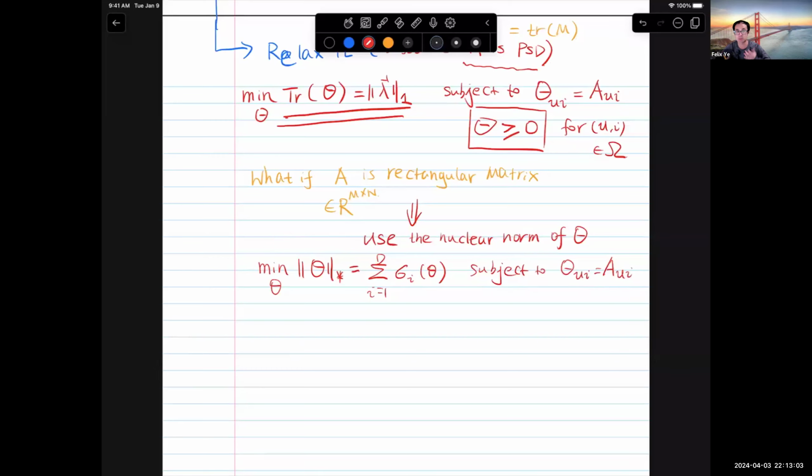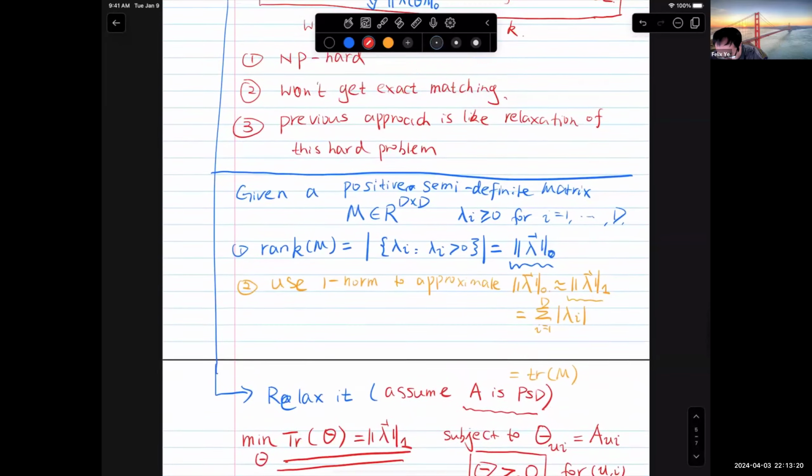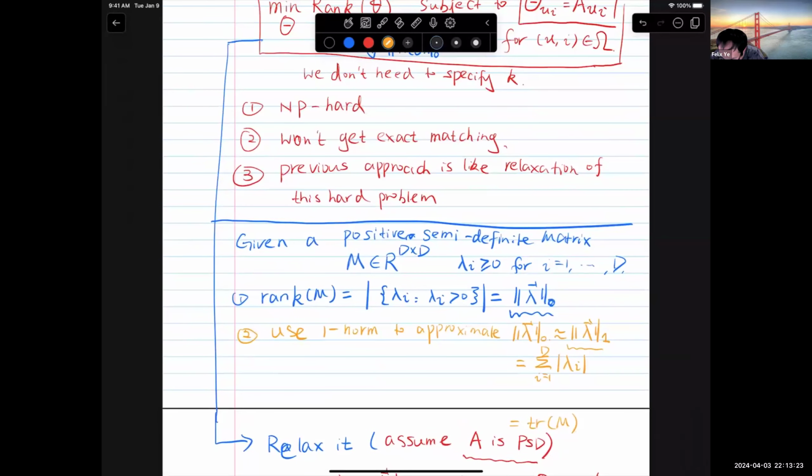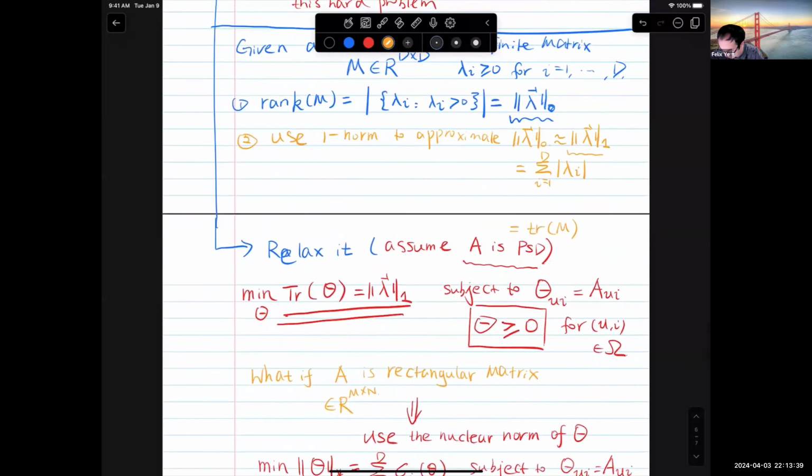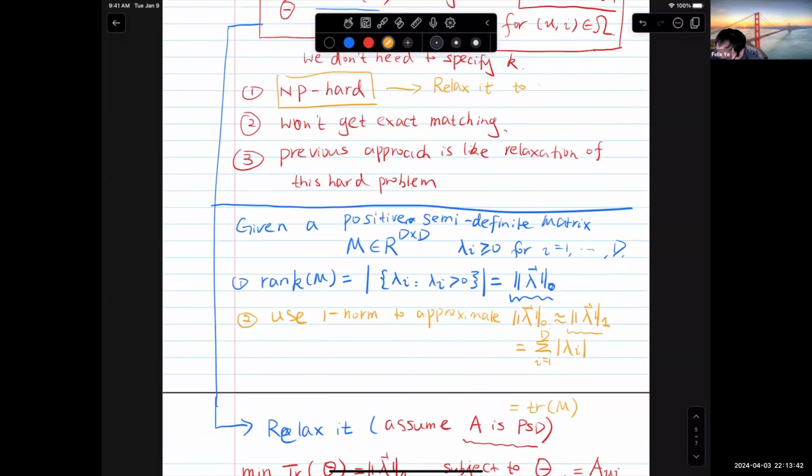Since we don't assume this to be a positive semi-definite matrix, theta can be a rectangular matrix. In this case, we relax this NP-hard problem and furthermore it turns out to be a convex problem.